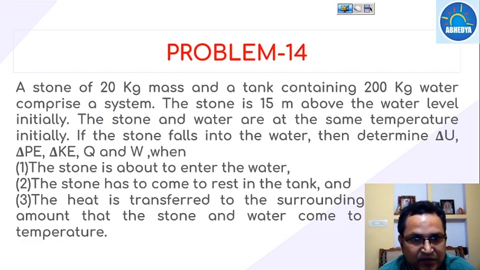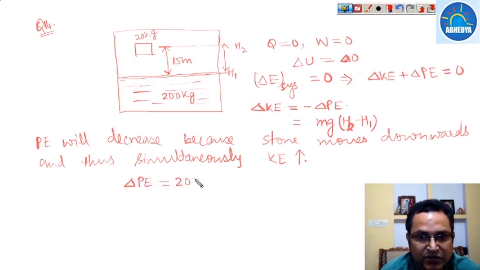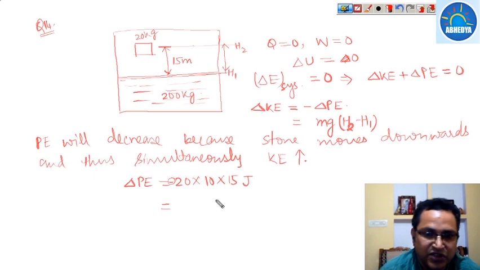What is asked, the stone is about to enter the water, so the change in potential energy we can easily find out: mgh. M is 20 kg, g is 9.8. So what is delta PE? Change in potential energy, that is m is 20 kg, g I am taking as 10, into change in height, that is 15, this much joule with a minus sign because it is a negative change in potential energy.